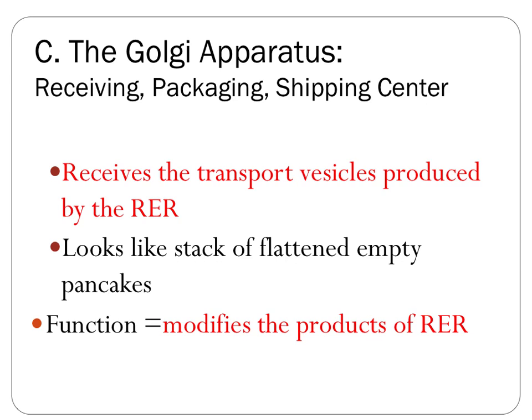If a little piece needs to be cut off, if a little something needs to be added. And then they get sent out to various parts of the cell or of the body. And it kind of looks like, you might have seen this on your coloring as well, it looks like sort of flattened, empty pancakes, or maybe like empty balloons that haven't been blown up yet. And it's like that because then things can come in, fill it up, get modified, and then be sent off again.